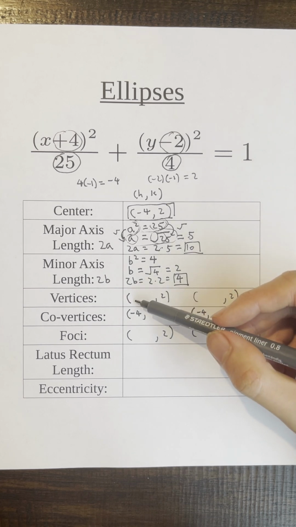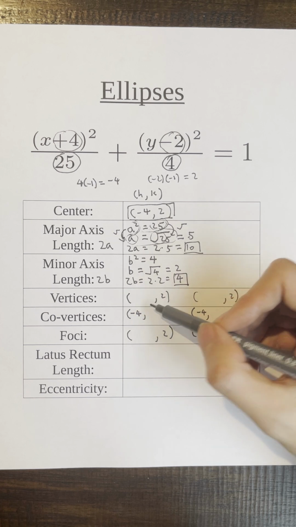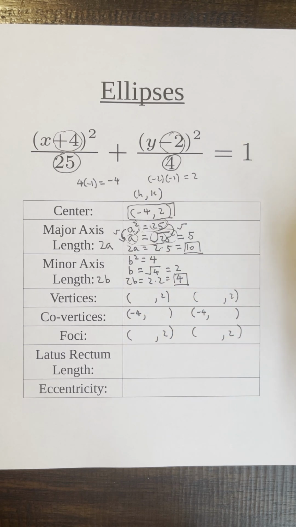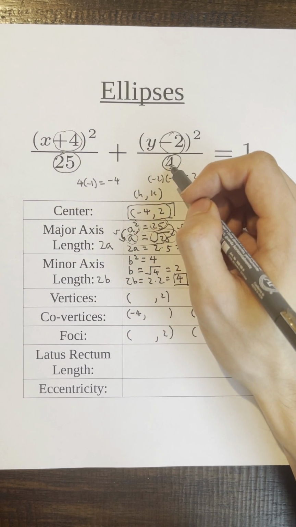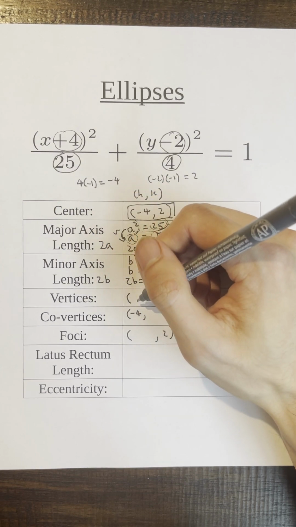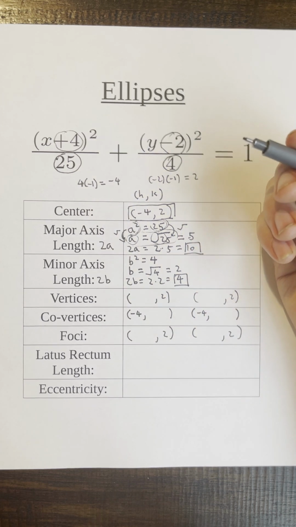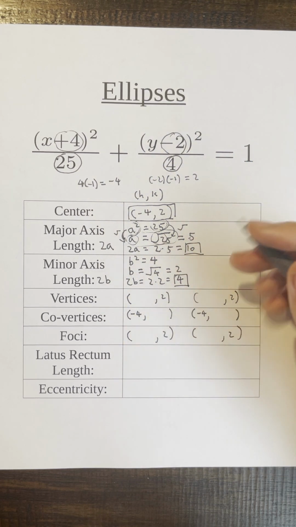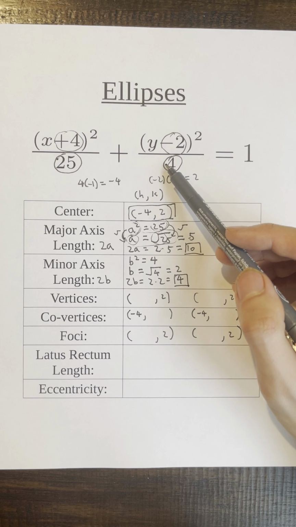But remember, what is the reason why we're changing the x-coordinate again? It's because this number is larger than this number, and it's with x, so we change the x-coordinate. However, if this number was larger, then this would look very different.